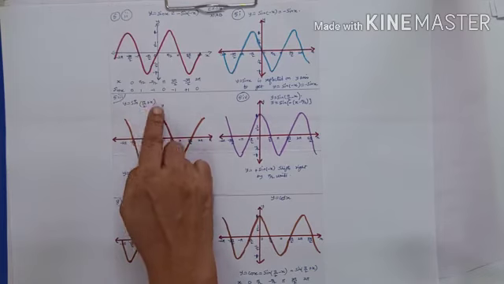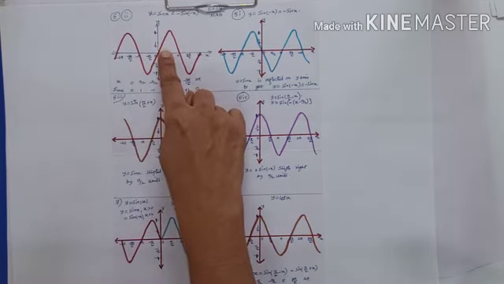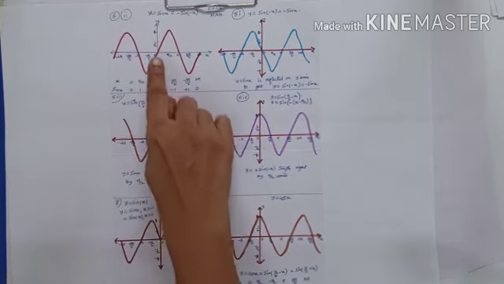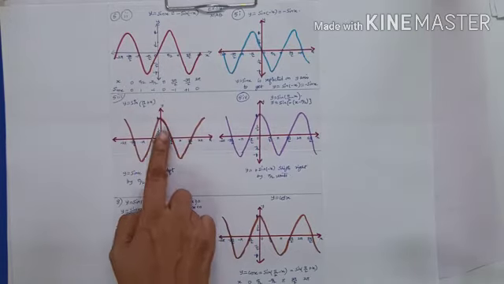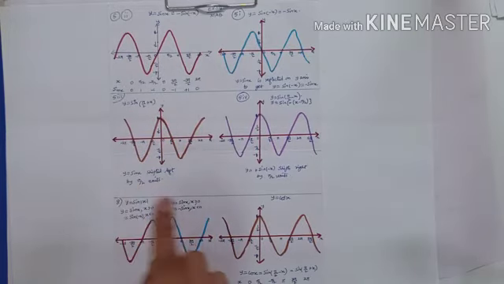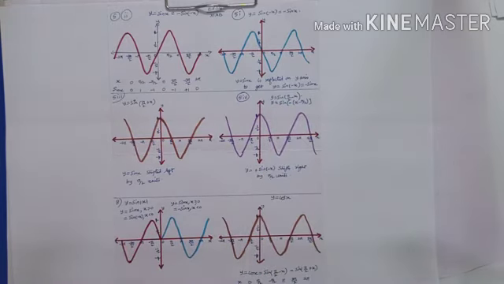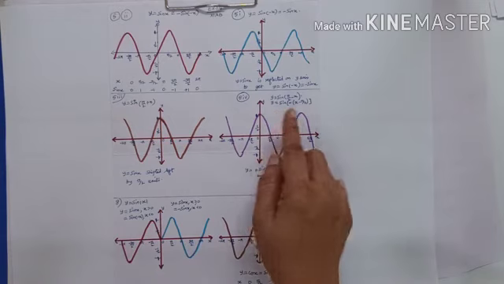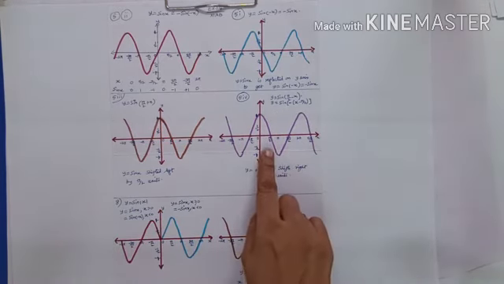Sine of pi by 2 plus x tells me the sin x curve shifts to the left by pi by 2. So this diagram will shift left. Shift pi by 2 left. So the diagram goes this way. The next one, sine of pi by 2 minus x, which we rewrite with the minus symbol outside, as sine of minus of x minus pi by 2. And the diagram will be like this.